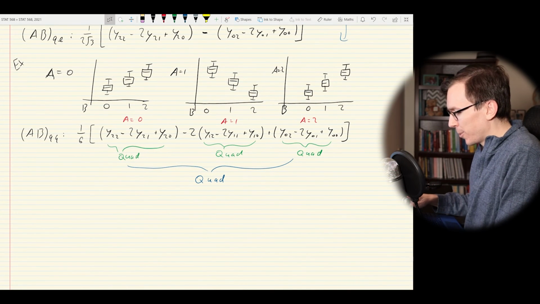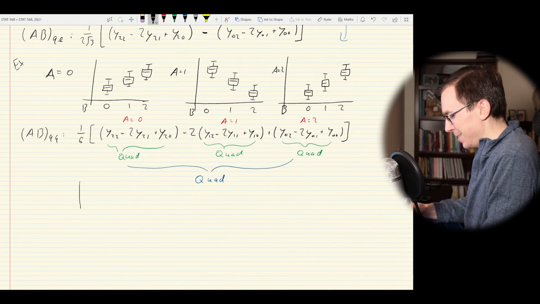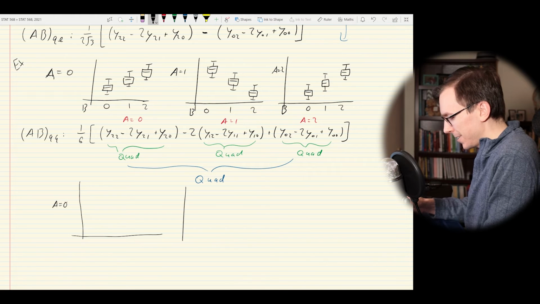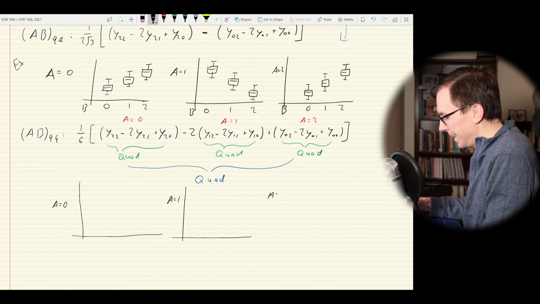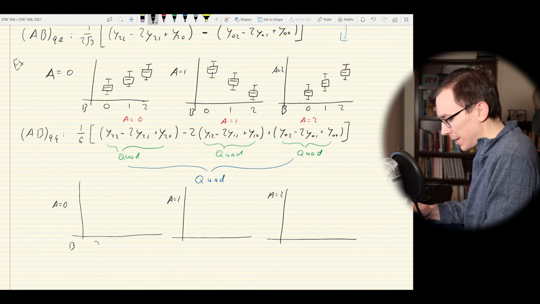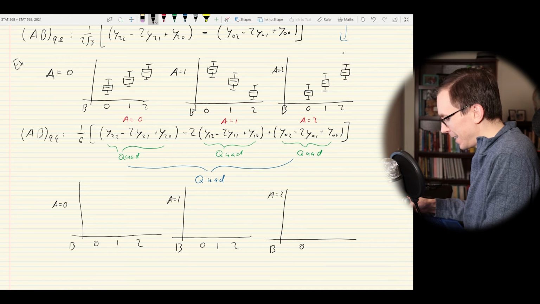Anyway, I'm going to draw one more sketch of box plots because we made it this far. We might as well just go all the way. And what we get here is a0. Let's say a is equal to 1. That's way too long of a horizontal axis. And a is equal to 2. And then we have our b at 0, 1, 2, b at 0, 1, 2, and b at 0, 1, and 2.